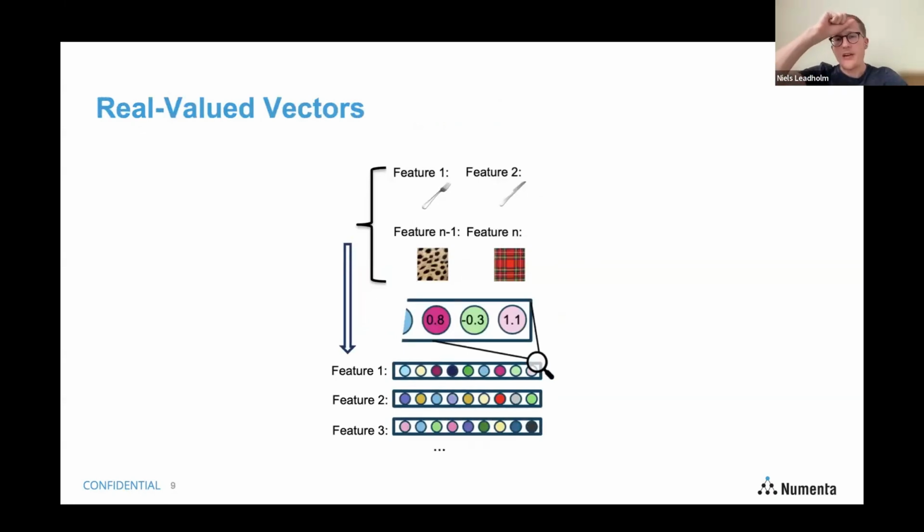And then I feel like it's worth explicitly addressing the elephant in the room about real valued vectors. I appreciate, to your point, Jeff, that there's not good evidence that neurons can do super high fidelity activations like in deep neural networks, but this does introduce some advantages using these kinds of representations.